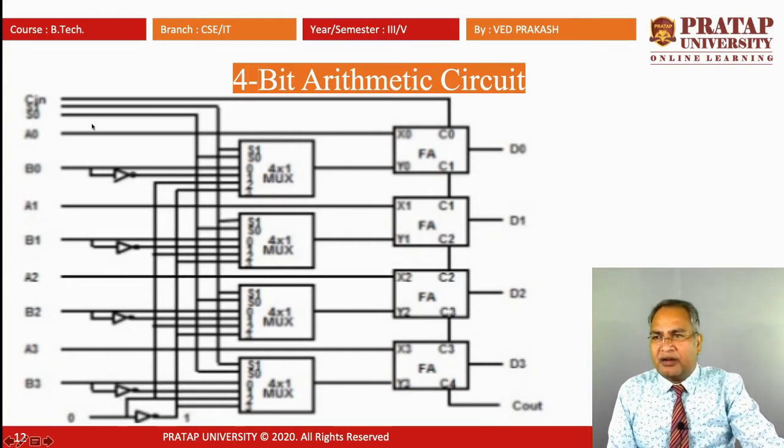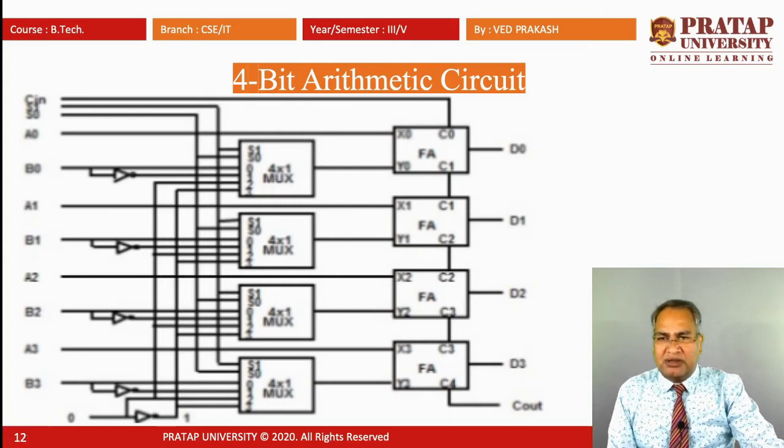Here there are basically two control lines S0 and S1, and two input registers A and B. These control lines are used to select the input lines of the multiplexer one by one. Using these two selecting lines, we can control the 4 input lines of a multiplexer.